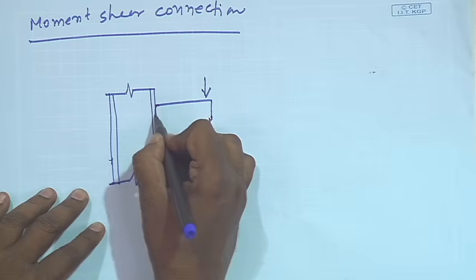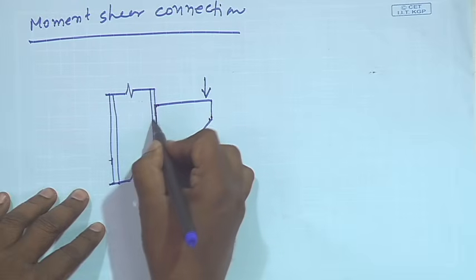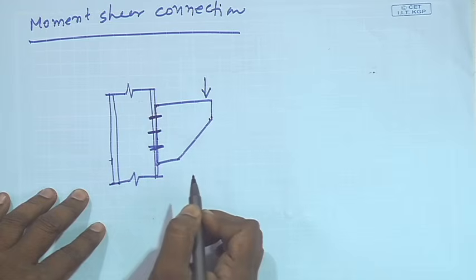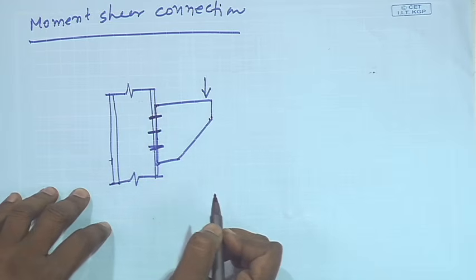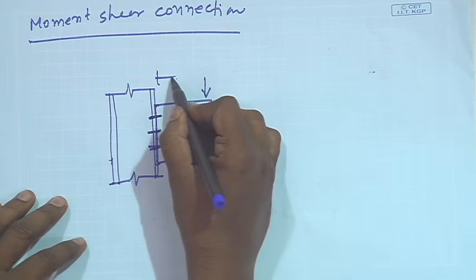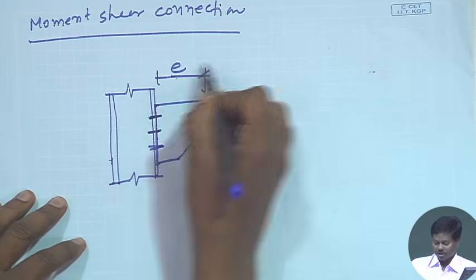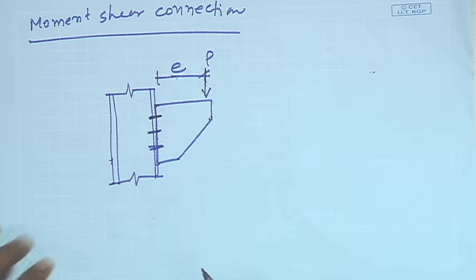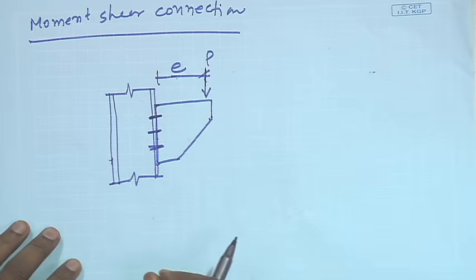So, it is connected in this face, right. So, bolting will be in this way. So, in this case moment and shear will be developed. This is E, this is P. So, moment and shear will be developed. So, this is called moment shear connection.